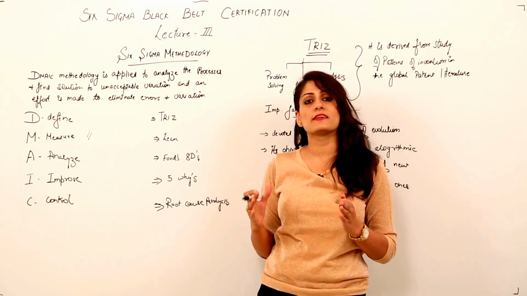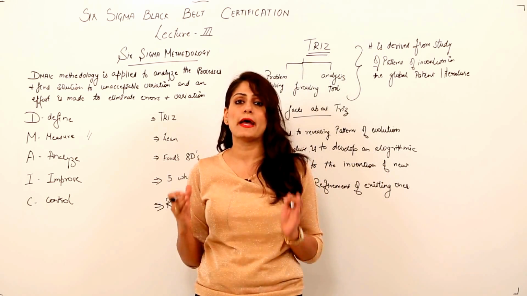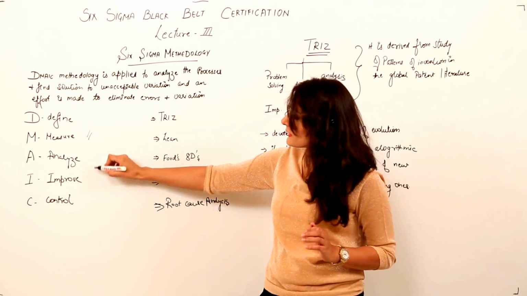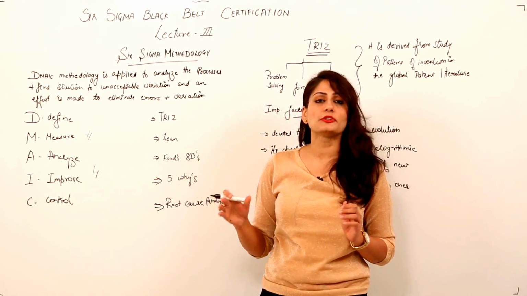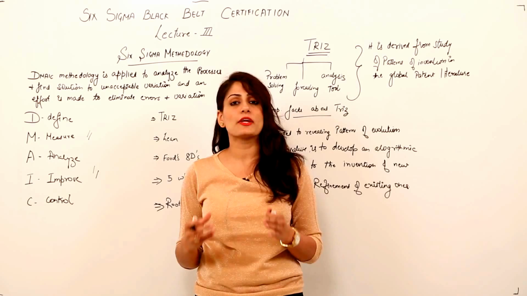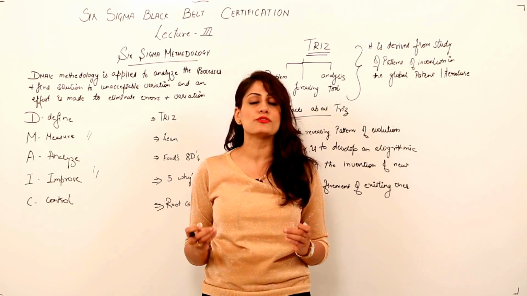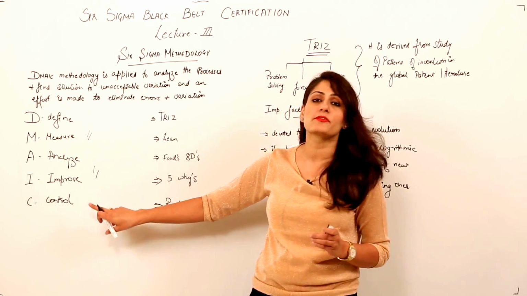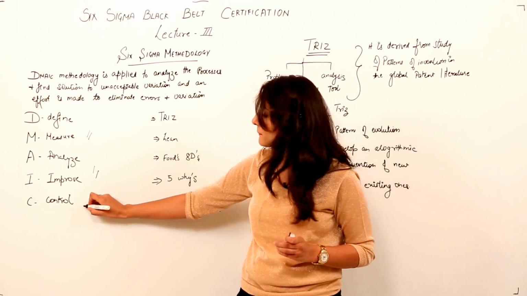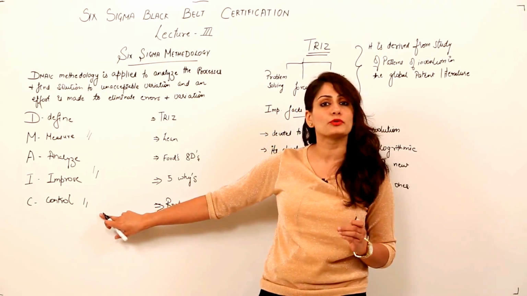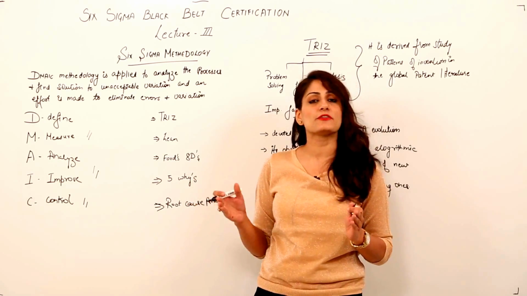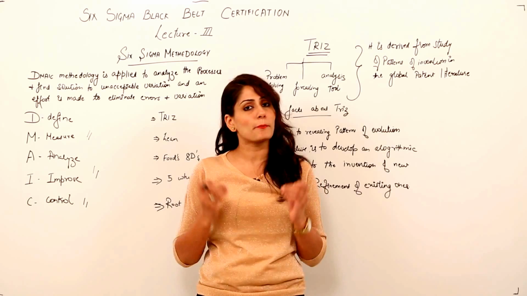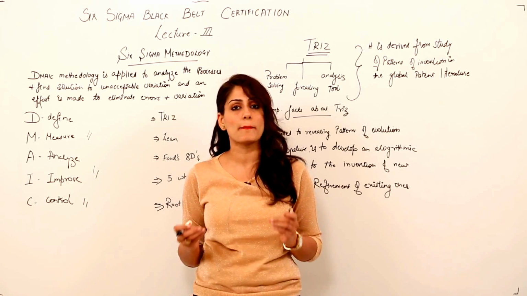This means you analyze what the errors in your system are and how you can achieve your desired goals. Then comes improve, which means that you use improvement tools or statistical tools to improve your system and eliminate errors. And finally comes control. This is also very important, because if you don't put control in place, this means your system will fall back to its previous working style, and again the products or the services will show up errors.